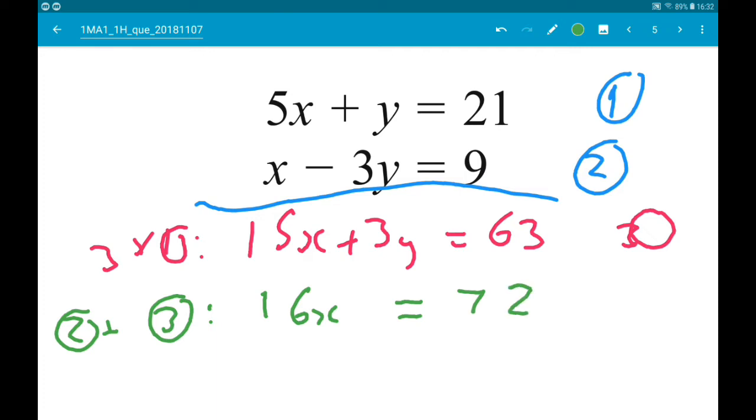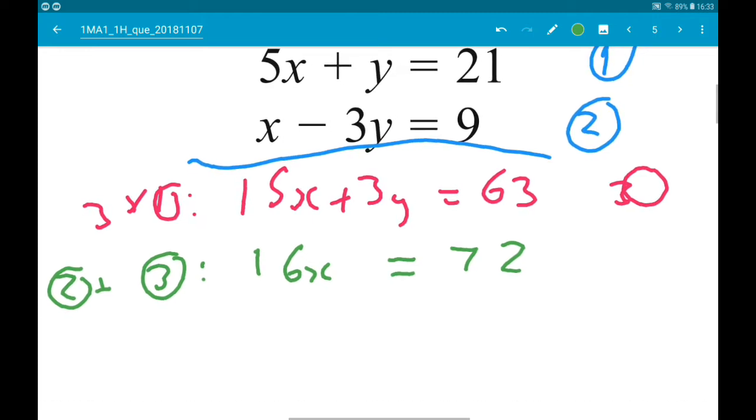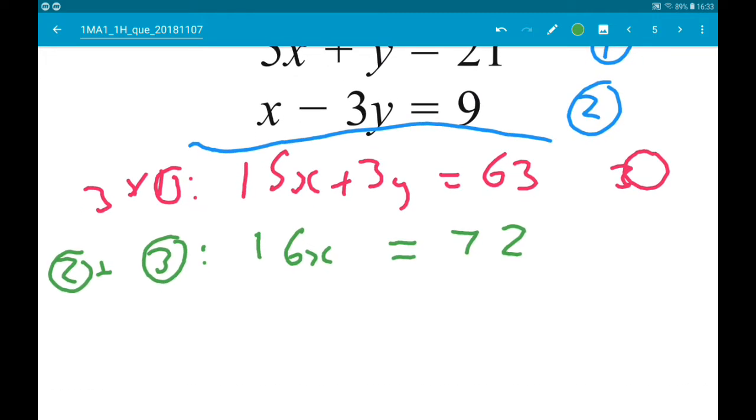Okay, so now we have an equation just in terms of x. We can find out what x is. So, probably doesn't look very nice. We could first of all divide both sides by 2 to make it a little bit less scary.